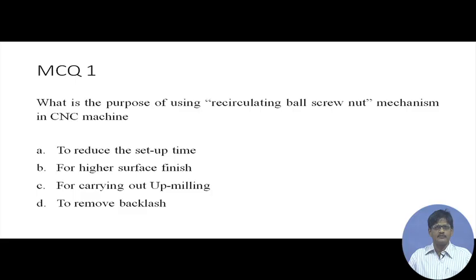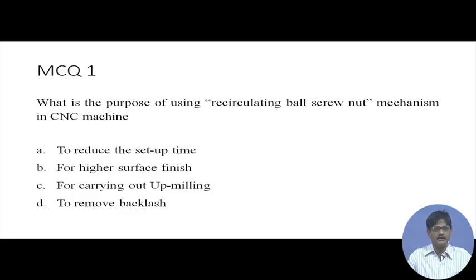To reduce the setup time, perhaps this is not very obvious, isn't it? There is no real correlation between reduction of setup time and using recirculating ball screw. So, first option, that means option A, no. For higher surface finish, no. For carrying out up milling.